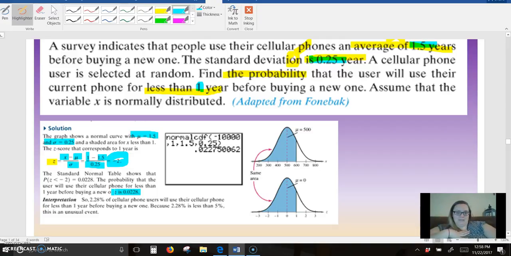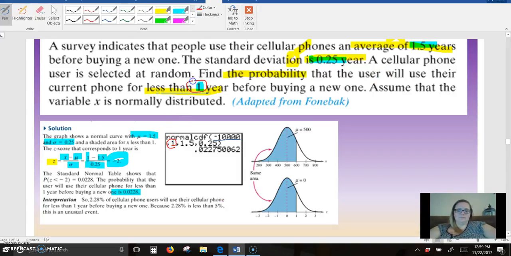Or, I suggest, it's significantly easier if we use the calculator, it will do all of that for you. So this was less than a year, so we just need the smallest boundary. Then this is that 1.